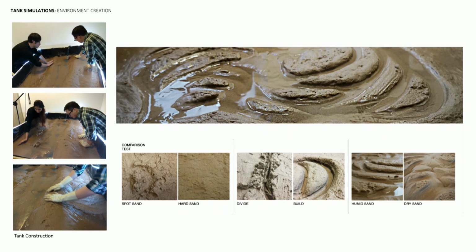Okay. So pretty much with this physical simulation tank, it's really just trying to understand the relationship between the water and the sediments that we use. So looking at how much water we use in ratio with the sand, we have to understand the constraints and attributes that go along with them.